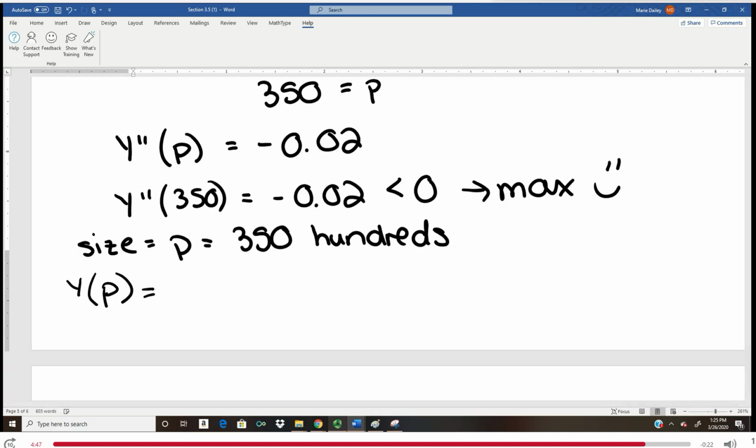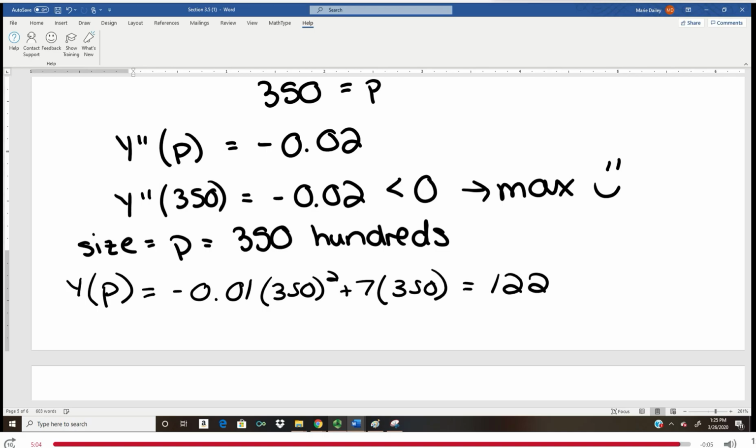So the size of the yield, that's going to be your Y of P. Okay. So as we said before, that's negative 1/100 P squared plus then 7 times that 350. So the size of the yield then is 1,225. And again, that is in hundreds of swordfish.